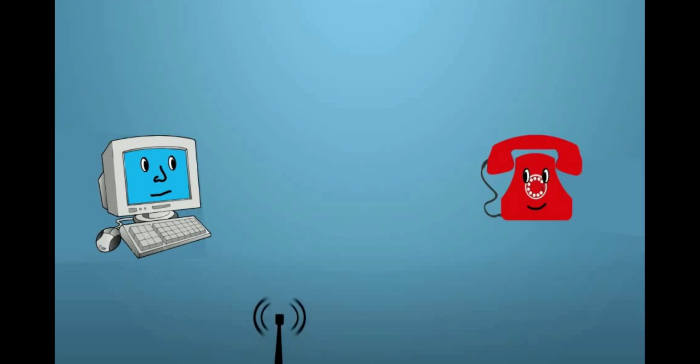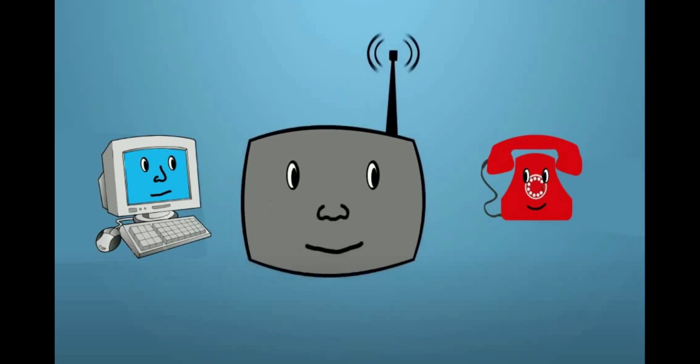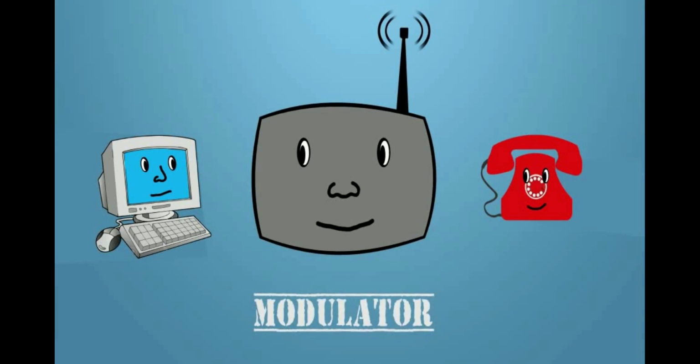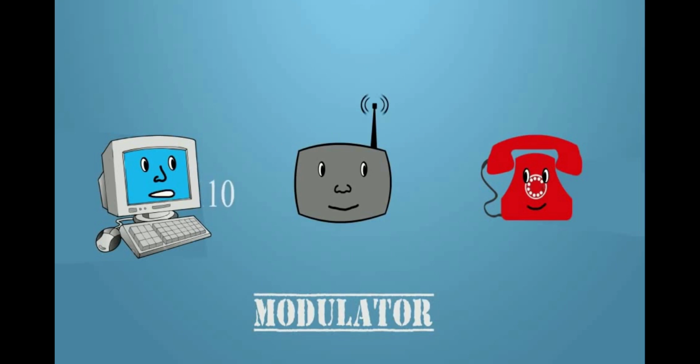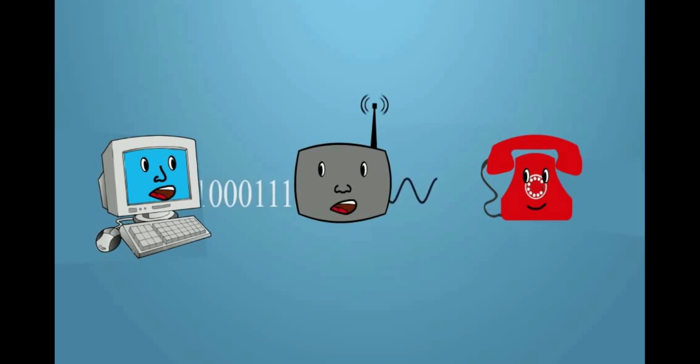So obviously what we want is a translator, a black box named modulator, which converts the binary language into analog signals. A part of the problem has been solved.